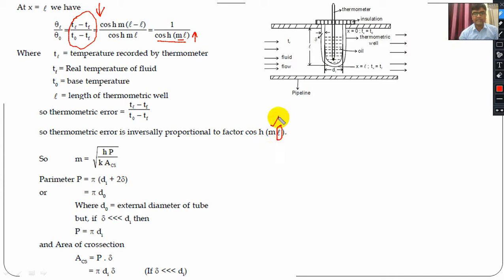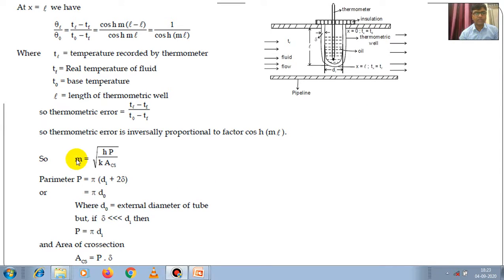So let us discuss the value of M. M is written as under root hP upon kA_cs, where P is the parameter. Now the question is how to write the parameter. So what is the perimeter? The perimeter is equal to pi into (d_i plus 2 del).